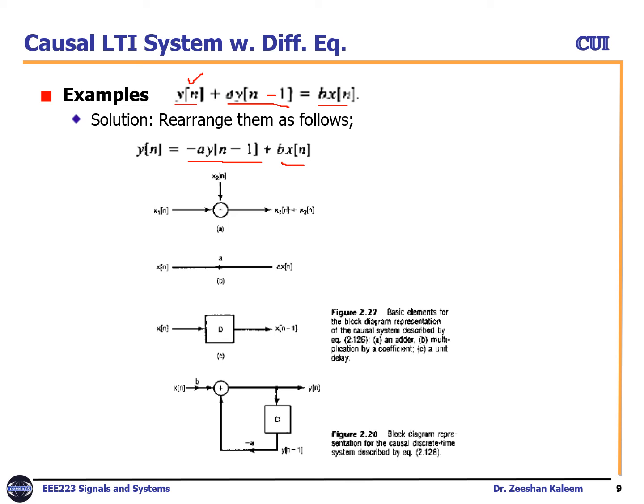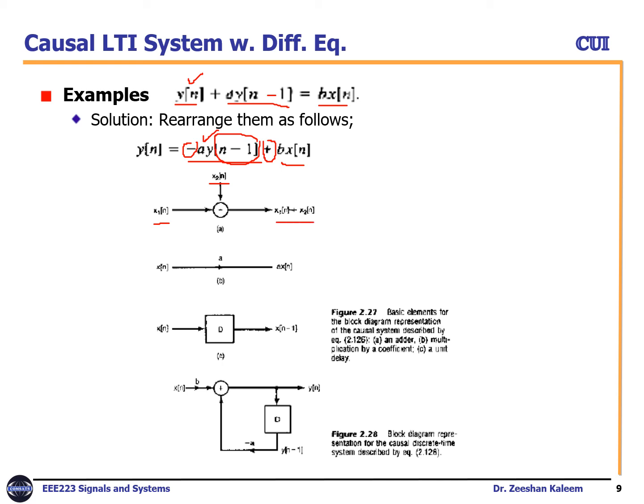By seeing this, what kind of blocks do we need? We require blocks of addition and subtraction, a delay to implement this, and a coefficient multiplier, for example a y[n minus 1]. First, for example, x1 and x2 here, this is the summation, so x1 plus x2.